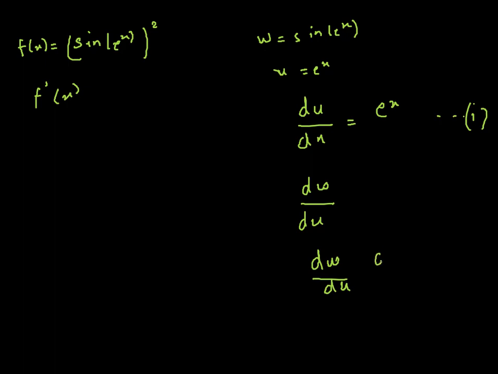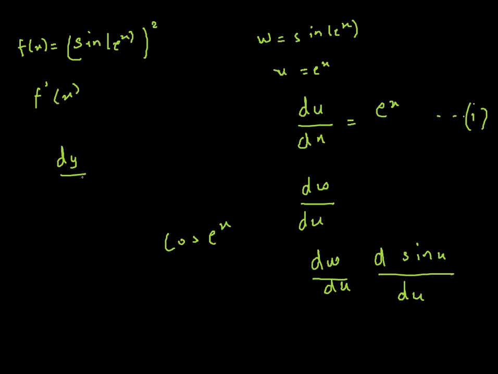So this is d of sine u by d of u. What will this be? This will be just cos u, because the derivative of sin x is cos x, but instead of x we are writing u. And what is u again? u is just e raised to x. So it will be cos of e raised to x.